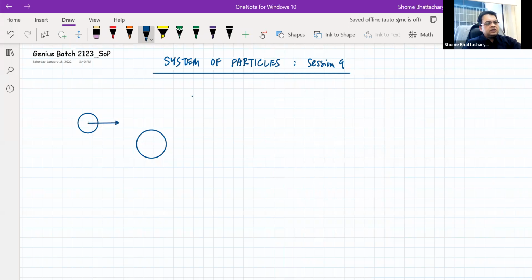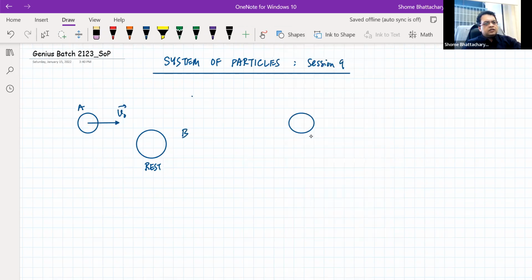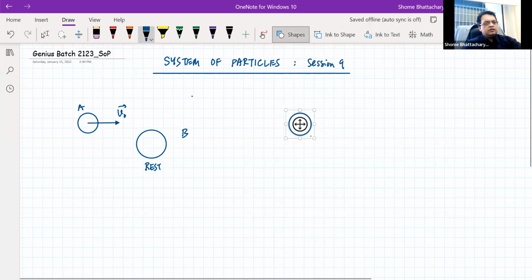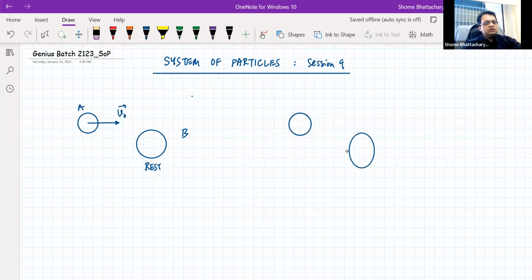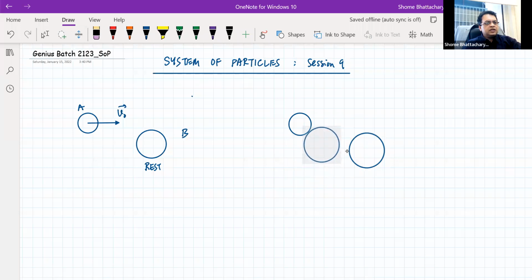So if this is the initial velocity vector V0, let's say, with which a body A is moving, and it goes and collides with another object at rest like this, then we had seen that on impact there is what we call the line of impact, which is the line along which the collision impulse acts. If the bodies are spherical or disc shaped, it is very easy to determine the line of impact.